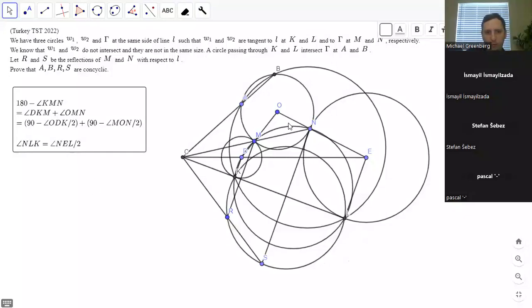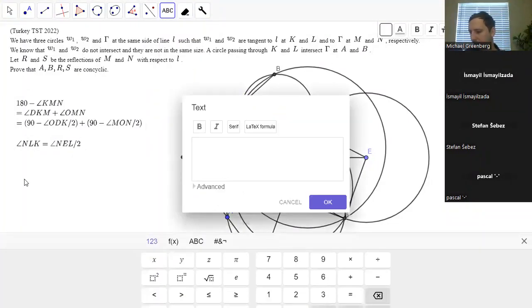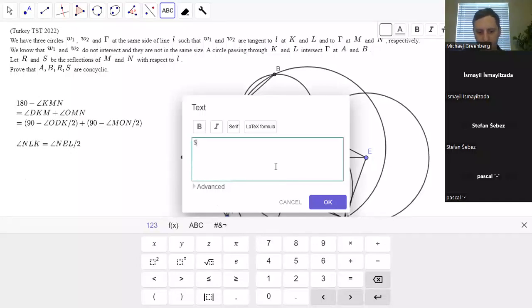All right. So basically we want to show that this is equal to this, but it's true because it's not hard to show that those three add up to 360. So angle ODK plus angle MON plus angle NEL is equal to 360.